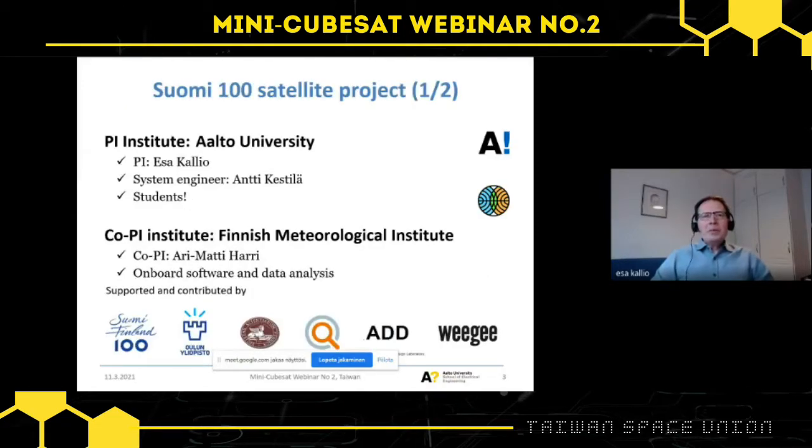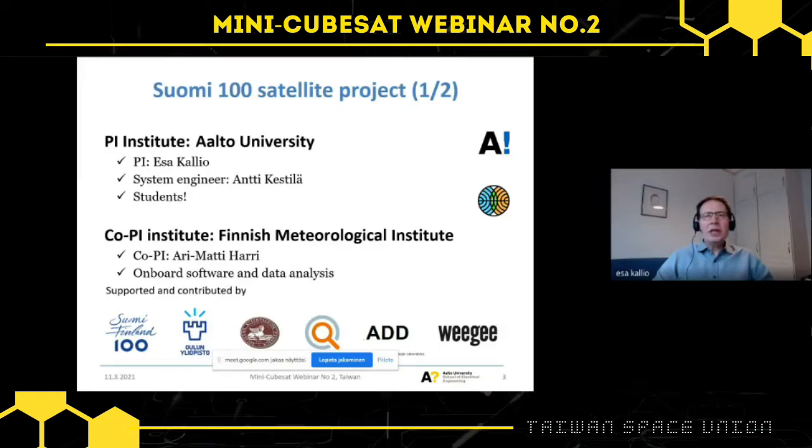So first, briefly about the project. The Suomi cubesat project is a joint project between Aalto University and the Finnish Meteorological Institute. At Aalto University, of course, because it's a university, many students are involved in this project.